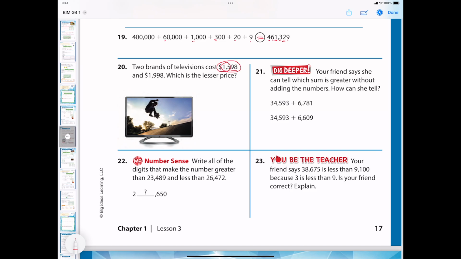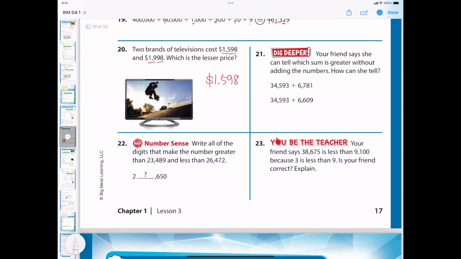Okay, sometimes you are going to hear that, okay, in many places. So 1,598 and 1,998, which is lesser price, which is cheaper. Of course, 1,598 is cheaper than 1,998, right? So I'm going to say 1,598 is cheaper.